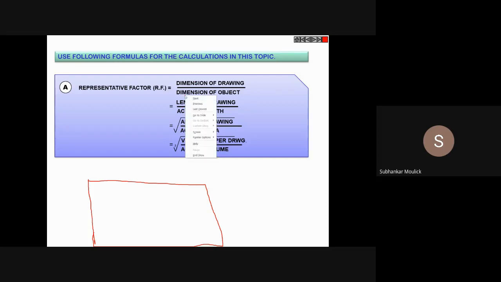That means from the first definition, I understood that my object is a line which I need to draw, and the dimension is given, that is 50 kilometer. That means the denominator of RF is 50 kilometer, the dimension of object.